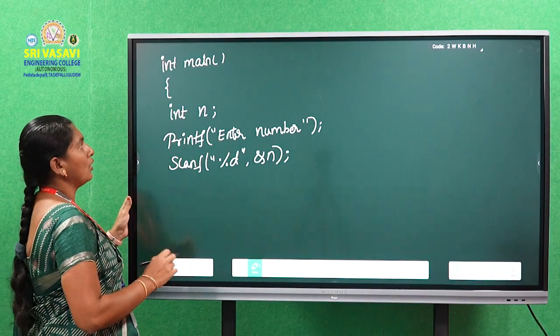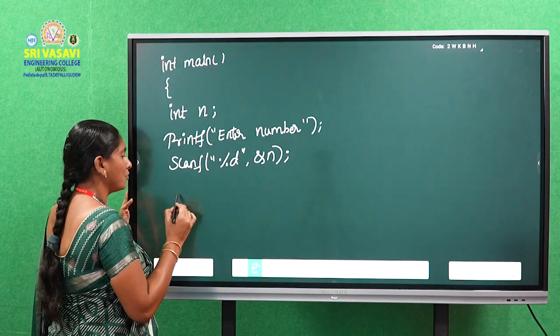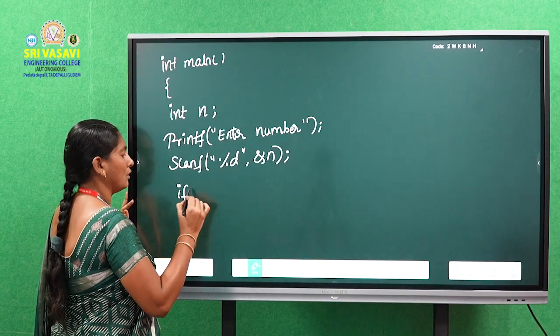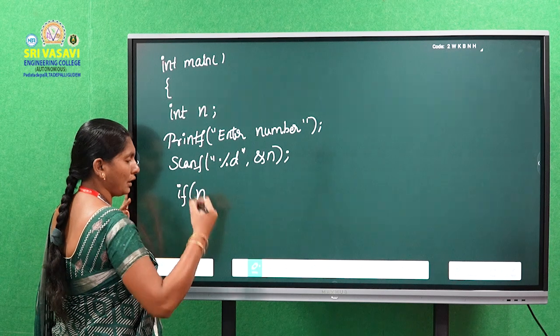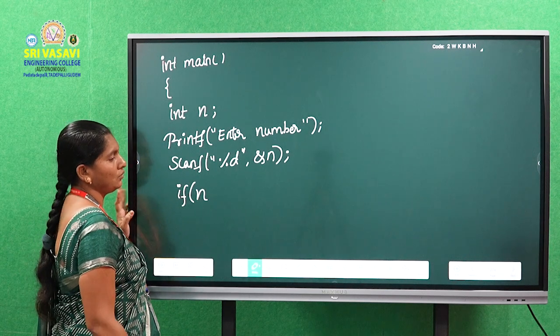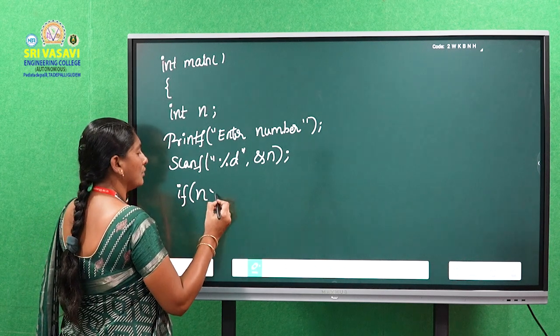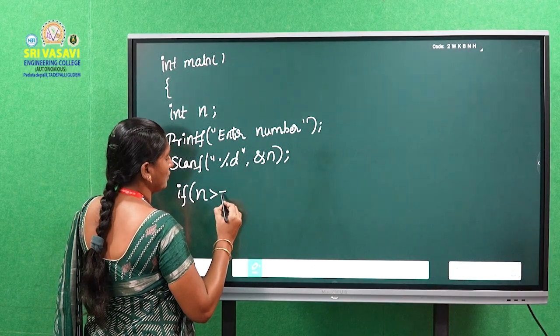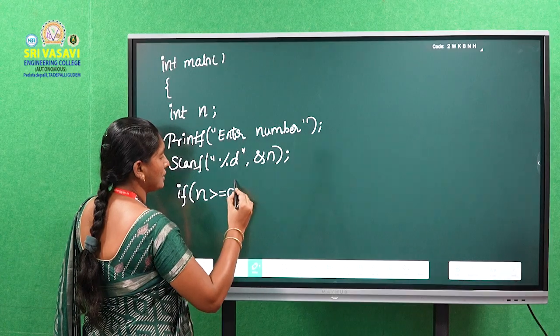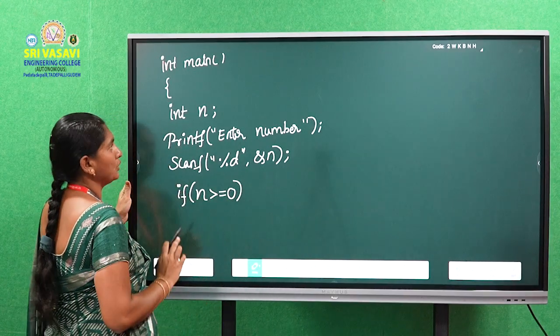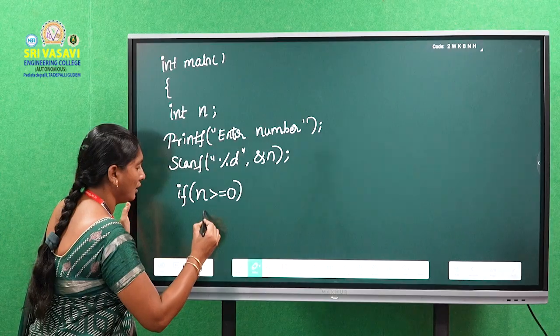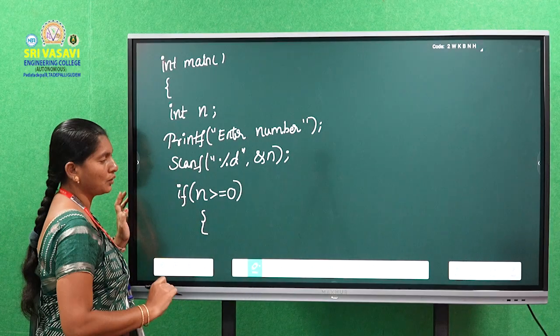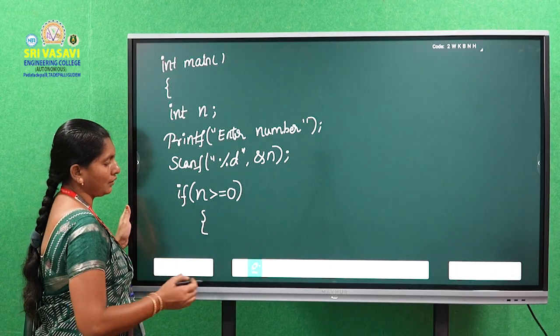Now what is my intention? First I have to check whether the given number n is positive or negative. I am assuming 0 is also a positive number. So if n is greater than or equal to 0, then we can say the number is positive.